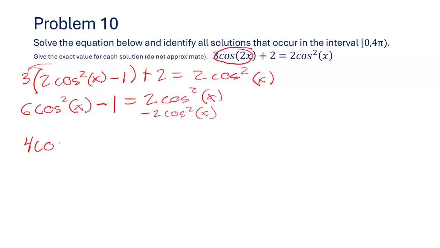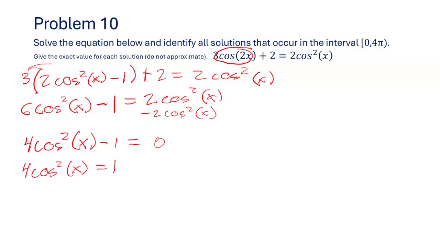You get 4 cosine squared of x minus 1 equals 0. Then I can add this 1 over to get 4 cosine squared of x equals 1.